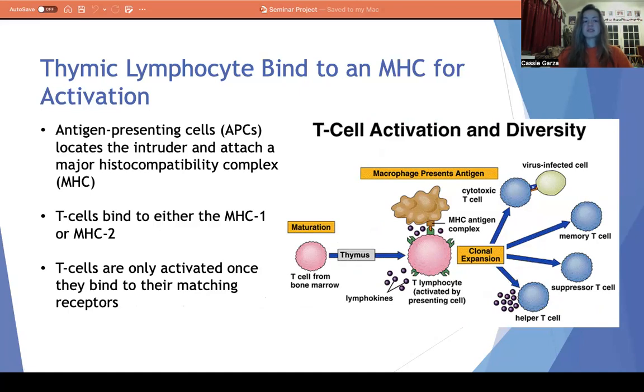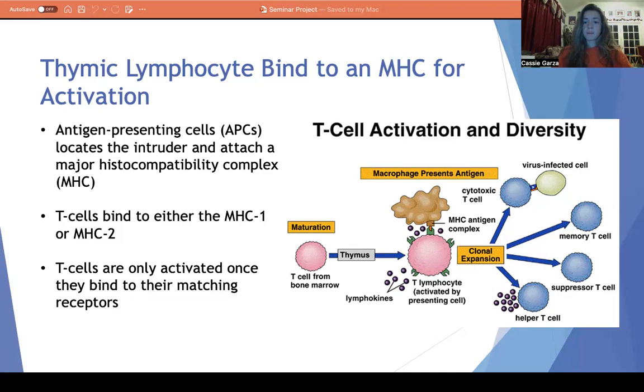So they will attach these to the intruder, and that MHC structure itself is what the T cells are able to attach onto. So that's actually where they're going to bind. It's going to be to the MHC antigen complexes.